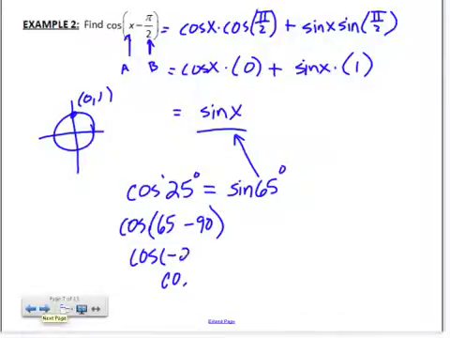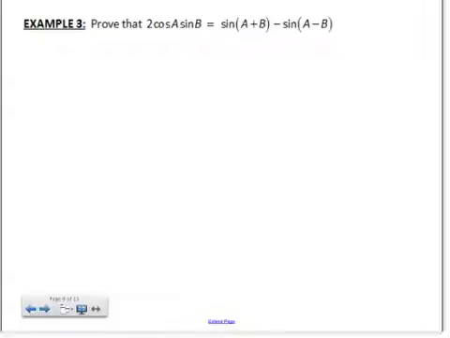That is the cosine of negative 25. And cosine is an even function, so the cosine of negative 25 is cosine of 25. So all of that does work. It's just a neat thing to remind you that the co in cosine means it's a function of the complementary angle. Don't forget that. That's useful down the road.